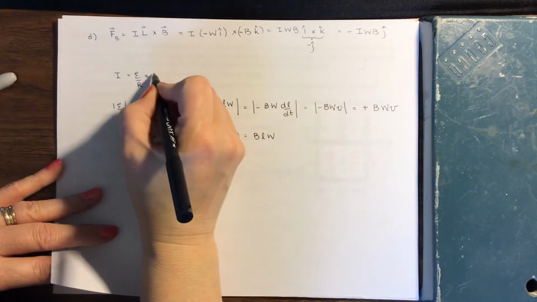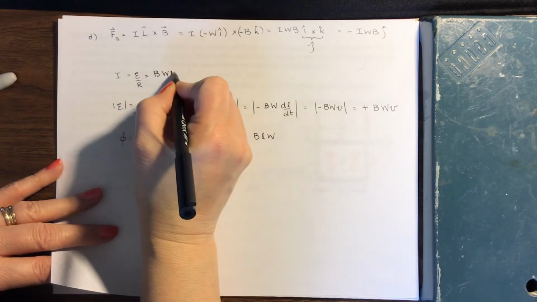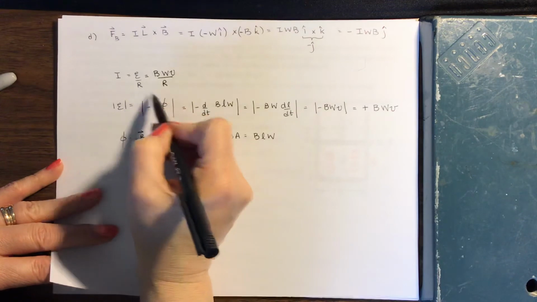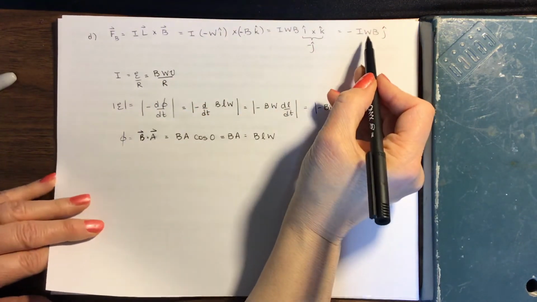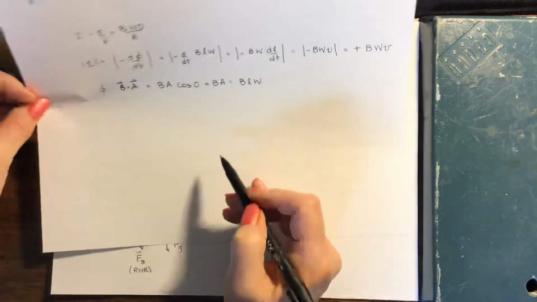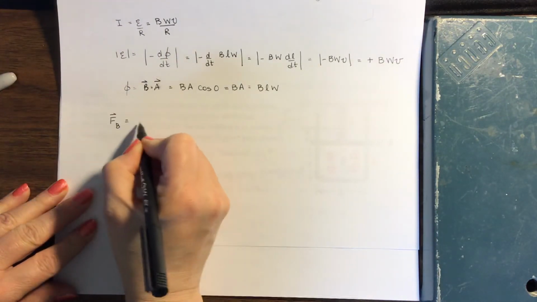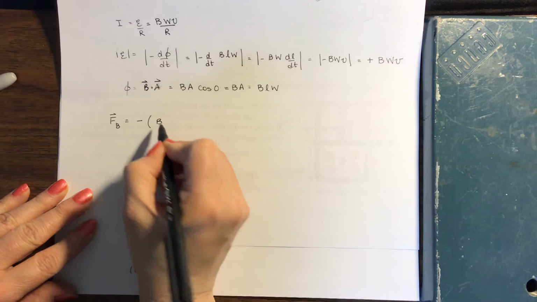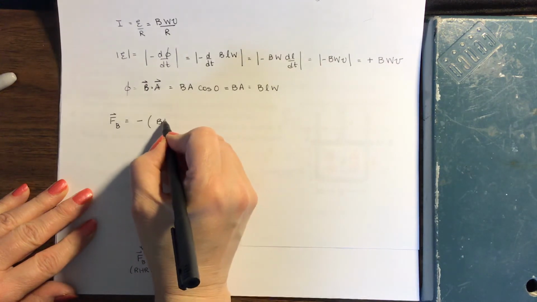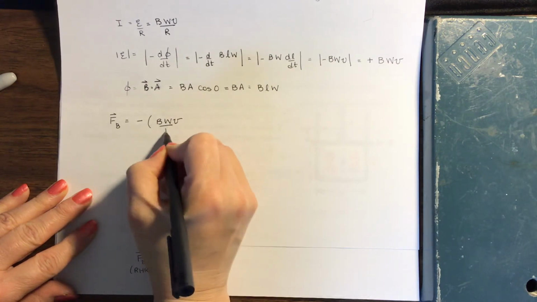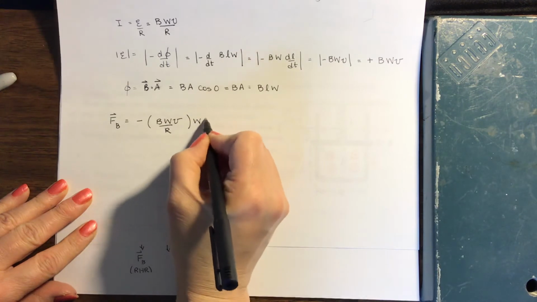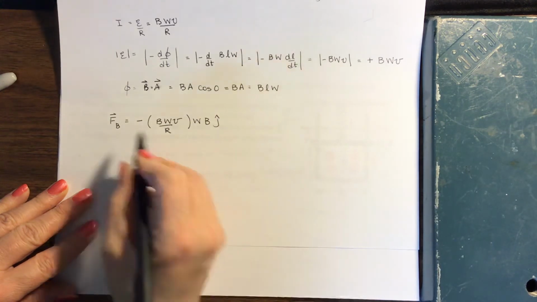Our current is the potential, B, W, V divided by R. We're going to put this in for our current, and it's going to give us something for our magnetic force. Magnetic force equals minus current, B times W times V divided by R times W times B J hat.